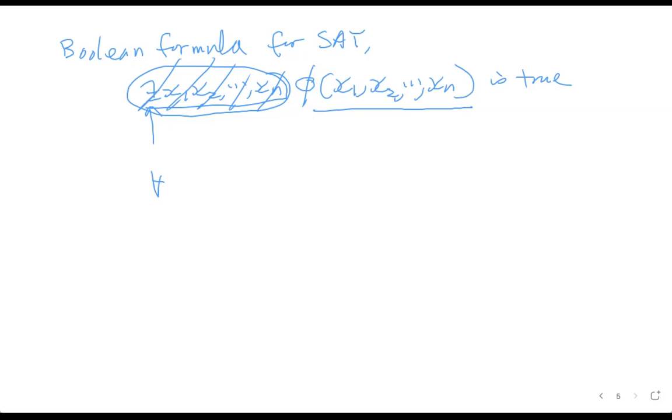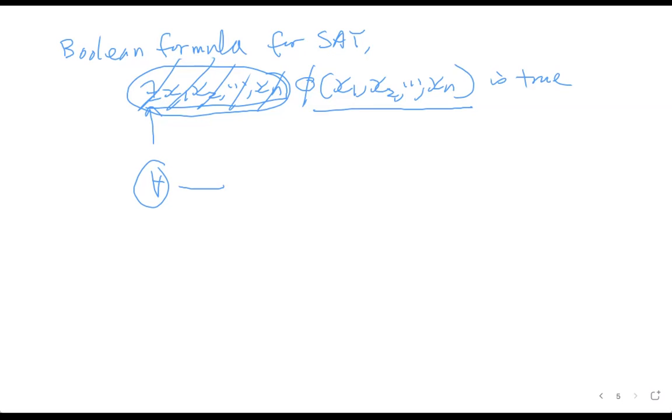But if every variable here could have either an existential quantifier or a universal quantifier to bind it. Remember, when we have for all, it means for all truth assignments for that particular variable or set of variables.